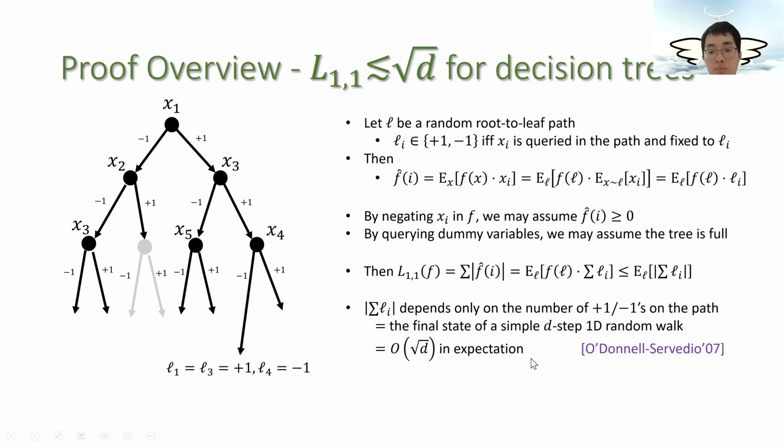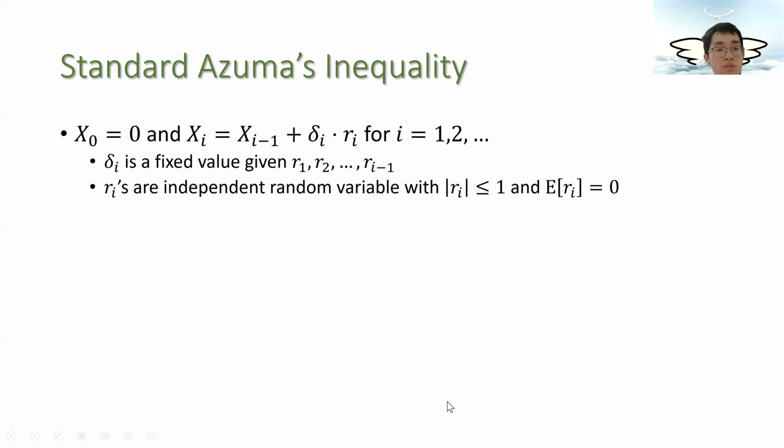This bound was also obtained by Ryan O'Donnell and Rocco Servedio in 2007. For our purpose, we will get a concentration bound, that is, with probability at least 1 minus epsilon, the absolute value of the sum is at most square root d times log 1 over epsilon. To show the concentration result, let's recall the standard Azuma's inequality for martingales.